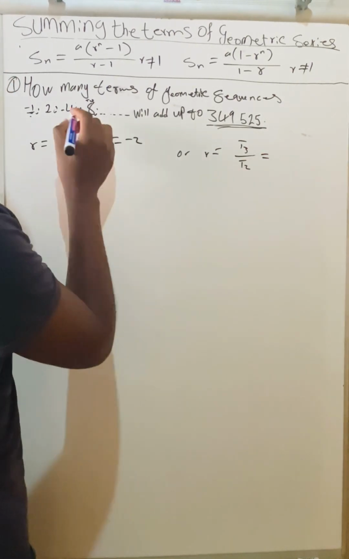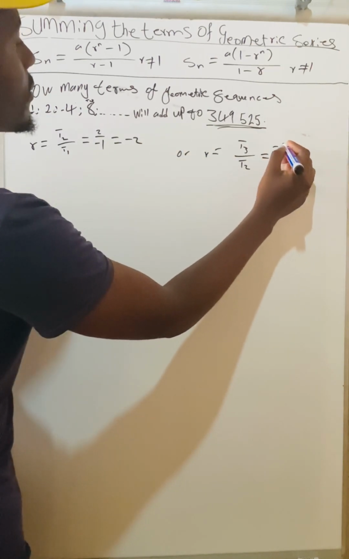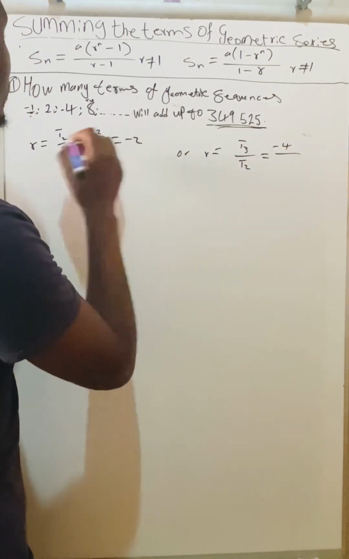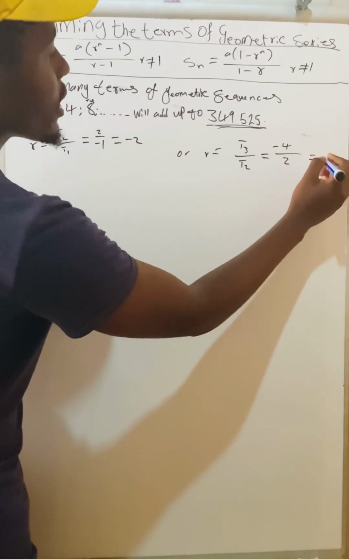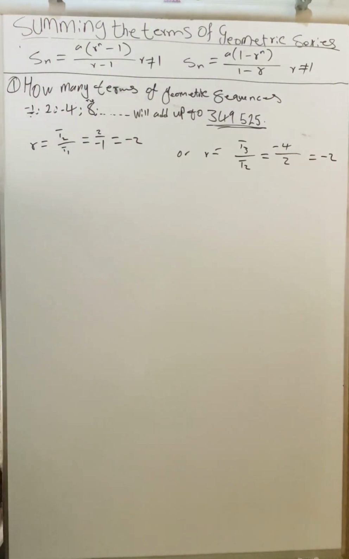Then t3 is negative 4 over t2 which is 2, and we get negative 2. We found our r.